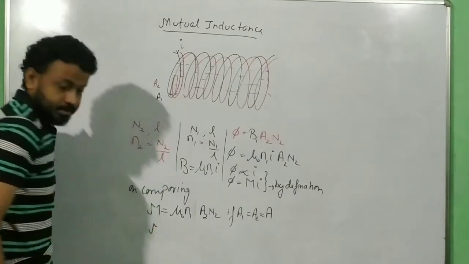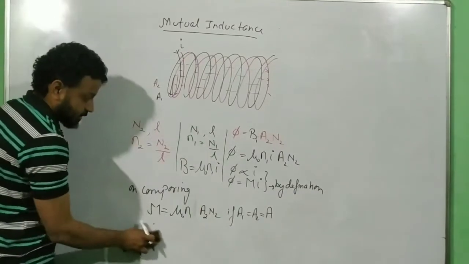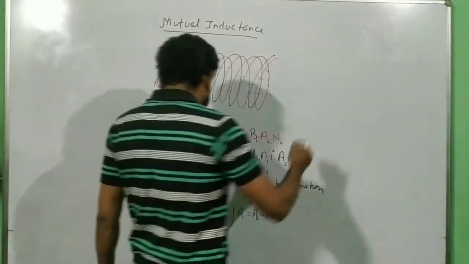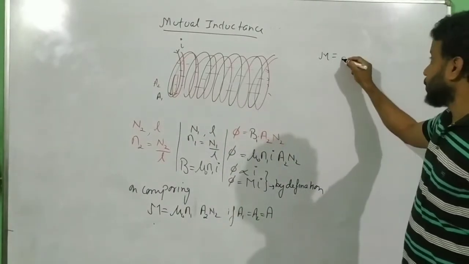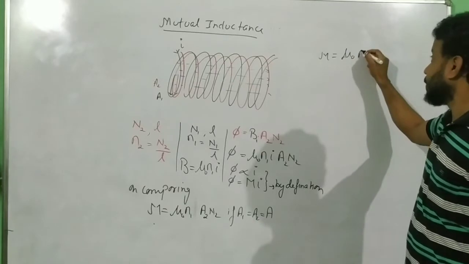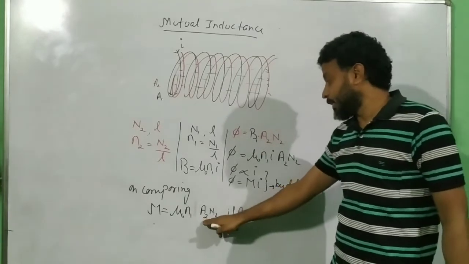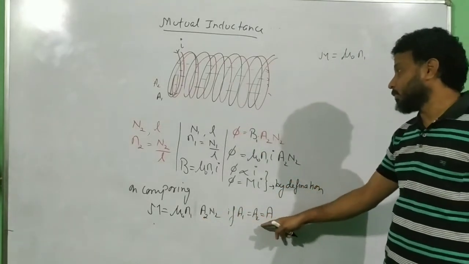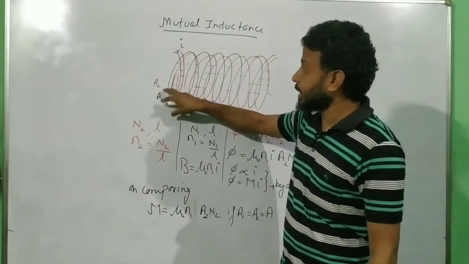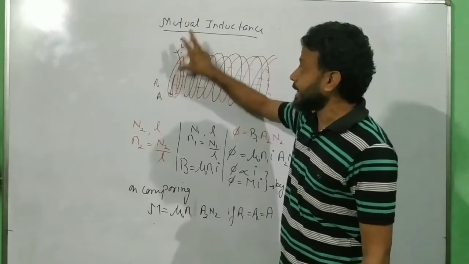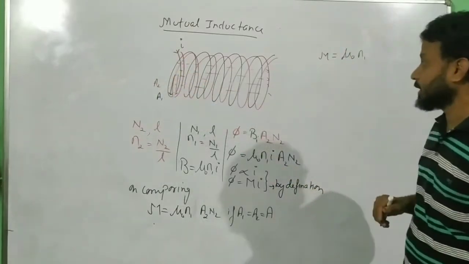M equals mu naught times n1 times A2, and since I am writing A1 equal to A2 equal to A, don't think of A as a radius here. A1 and A2 are the cross-sectional area.